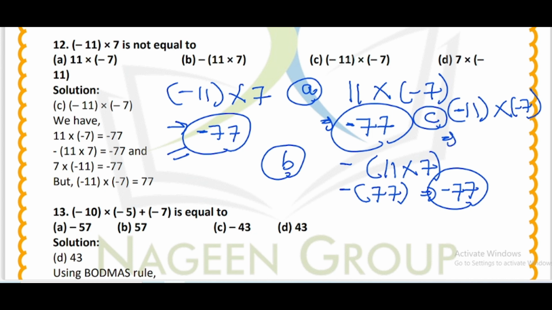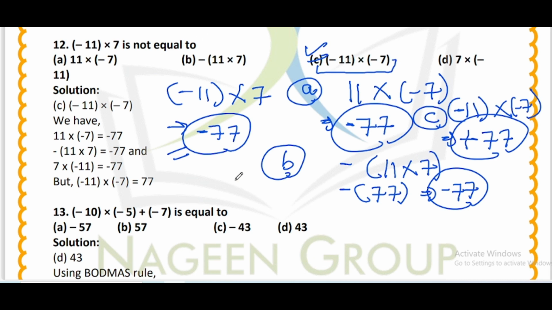First we multiply the symbols, that is minus into minus, that is plus, and 11 into 7, that is 77. It means plus 77 is not equal to minus 77. It means part C is not equal to minus 11 into 7. Then the right answer is part number C.